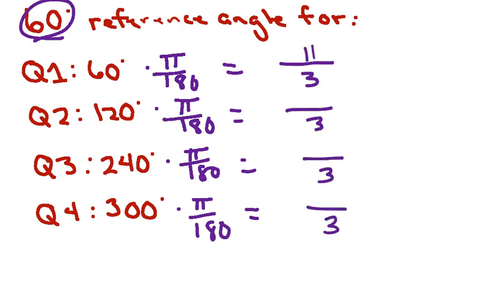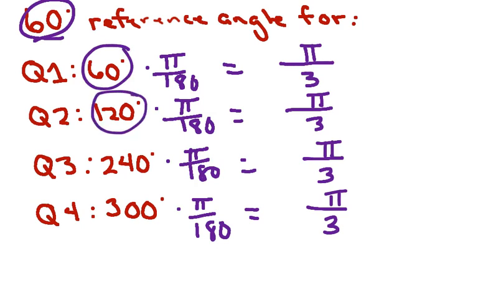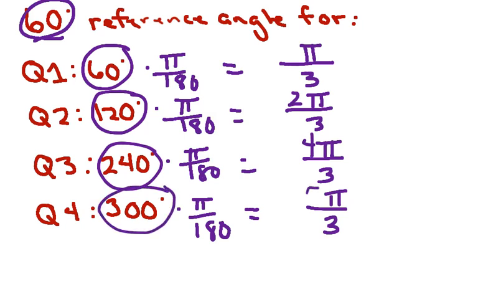Pi is going to be in the numerator. And then you just ask yourselves, how many 60 degrees are in 60? That's 1, so we'll just leave that the same. How many 60 degrees are in 120? There's 2 of them. How many 60 degrees are in 240? There's 4 of them. How many 60 degrees are in 300? There's 5 of them.